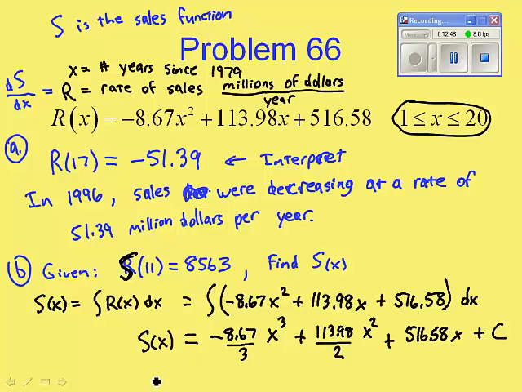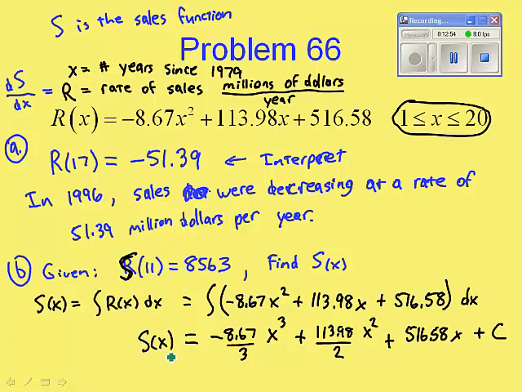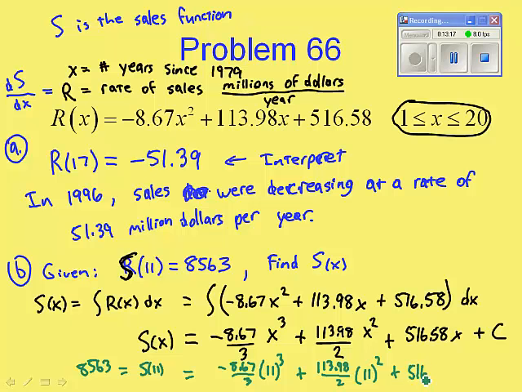Because now what you can do is plug an 11 everywhere for the x. So if I do that, it's going to look like this, right? S of 11 is 8563. That's going to equal negative 8.67 divided by 3 times 11 cubed plus 113.98 divided by 2 times 11 squared plus 516.58 times 11 plus c.